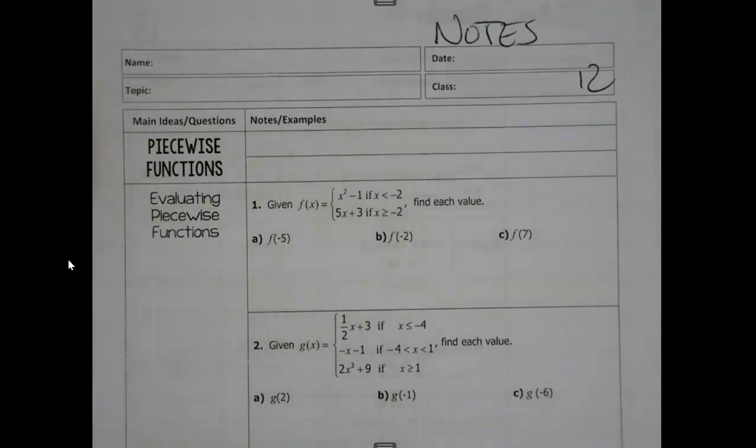So, okay, piecewise functions. A little bit something that's different.